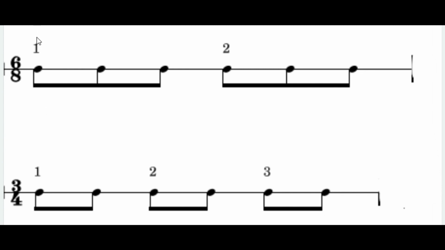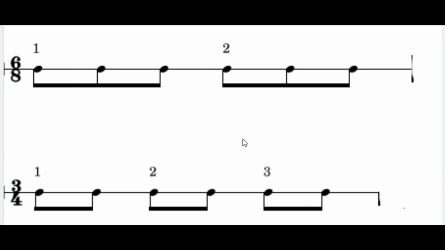Here we'll have the 1, 2, 1, 2. Do birdie, do birdie, do birdie. 1, 2, 3.